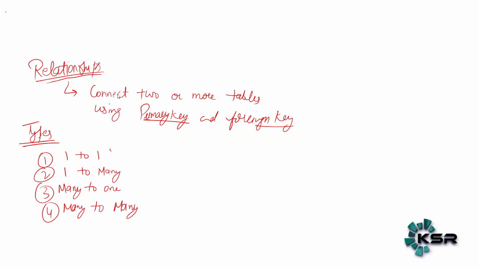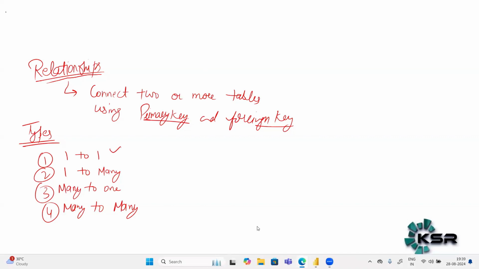So who will explain to me what is one-to-one? Come on, guys, try it. If you are not able to explain, I'll help you, but I want you to try. How many of you are not clear with the difference between various relationship types?